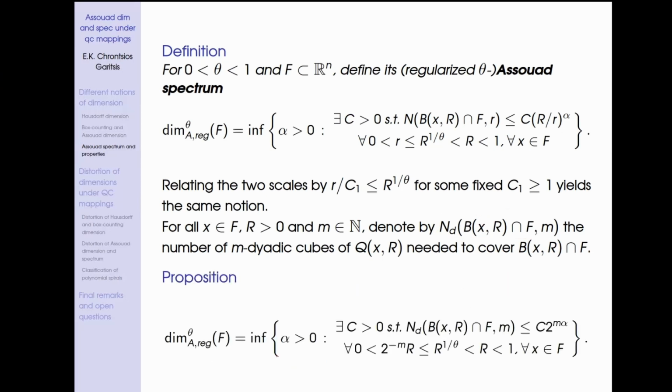All right, so if we replace this covering number by the dyadic one, we get again the same notion. Notice here that everything is more or less the same. This is the smaller scale, and this is r over the smaller scale to the alpha. Everything works just as it's supposed to.